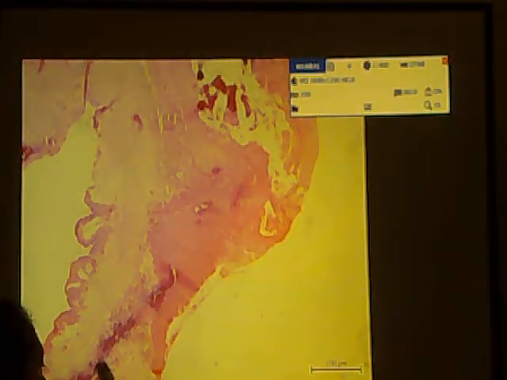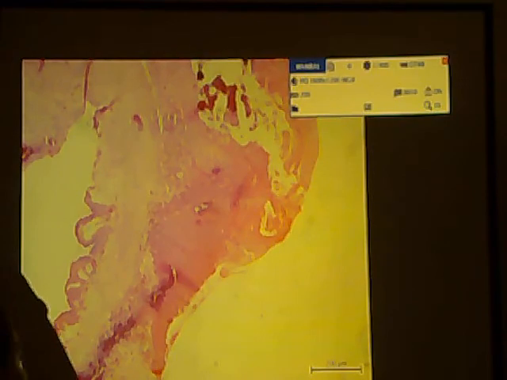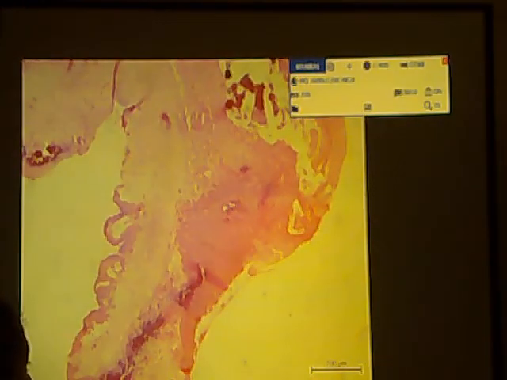How is it described in the manual? You will see what? So this part is the valvular leaflet.